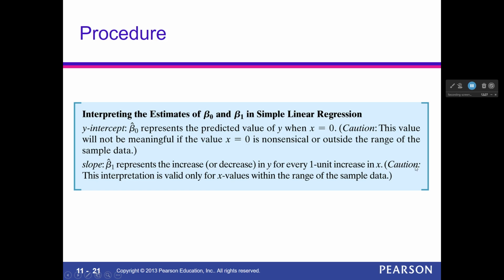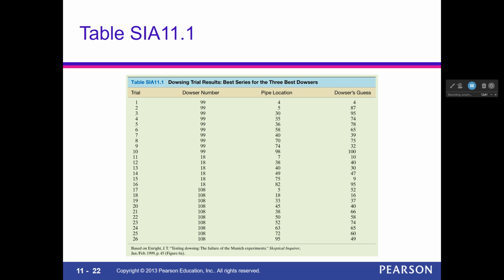They caution here, this interpretation is valid only for x values within the range of the sample data. Once we get outside of the range of the sample data, this estimate isn't as good and doesn't have the same meaning.